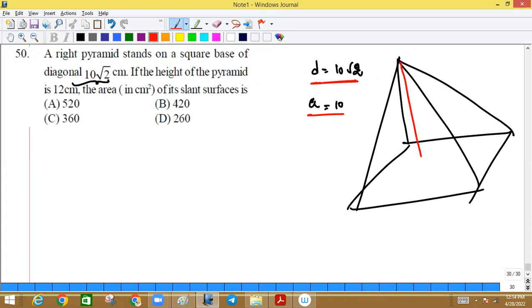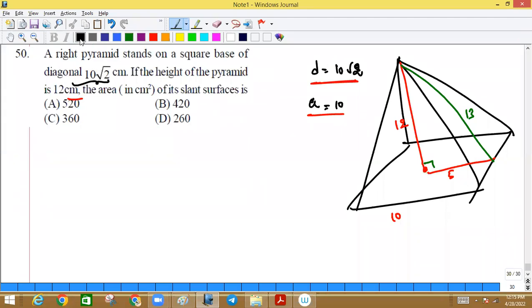This is the height of the pyramid. If the side is 10, the radius is what? 5. Now, what is the height of the pyramid? 12. What is the slant height? The slant height is the green one, 13. Yes or no? Because radius square plus height square is equal to slant height square.